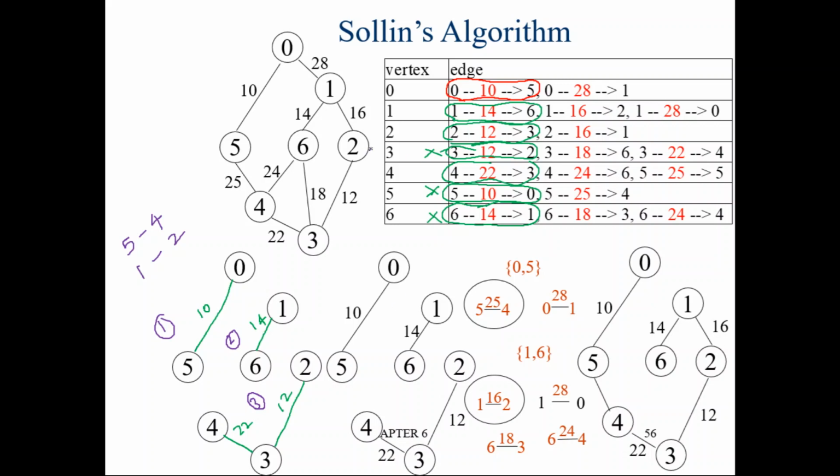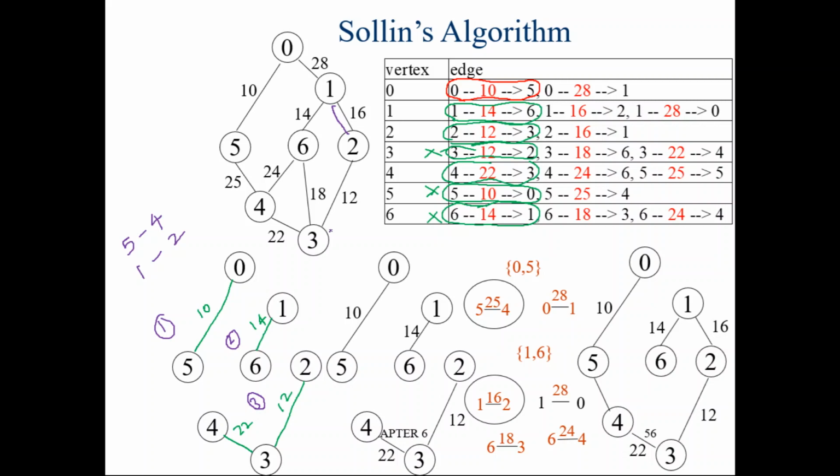So starting from 2, there is edge 2 to 1 which is not yet added, its cost is 16. 2 to 3 is already added, so there are only 2 edges, 2 to 1 and 2 to 3, and 2 to 1 is the only option we have.